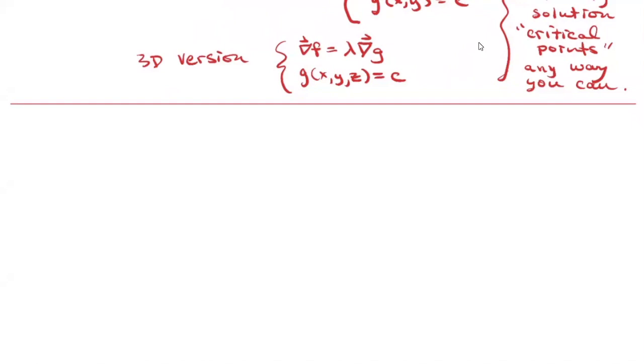Okay, so here's my first one. f of x, y, this looks pretty easy. It's 3x plus y, subject to a constraint that x squared plus y squared is 10.